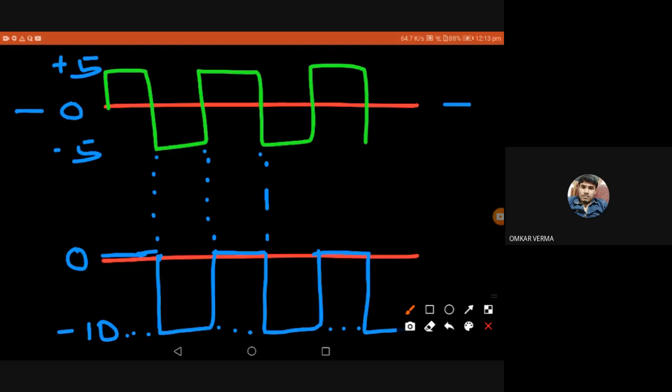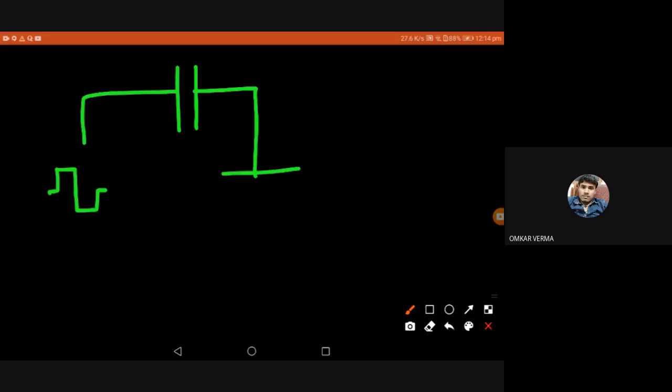Okay, now I'll draw another circuit. You have to tell me what is the output of that circuit. Again I give a square wave and I need a capacitor. Now I give a diode, and now some voltage source.